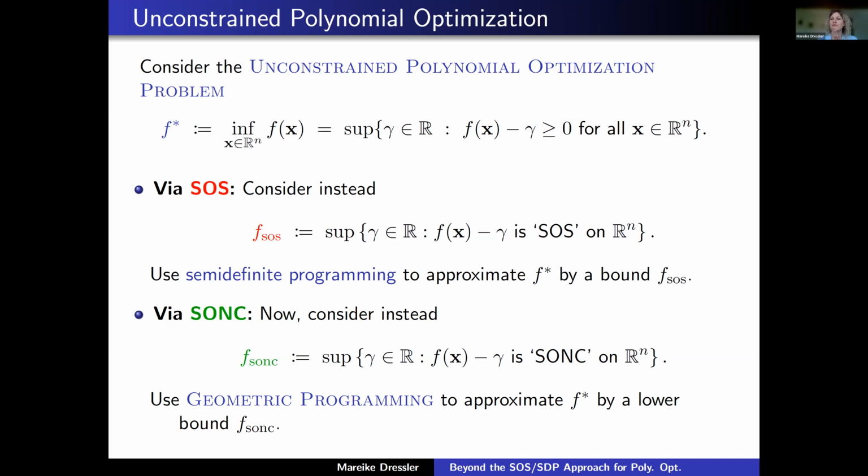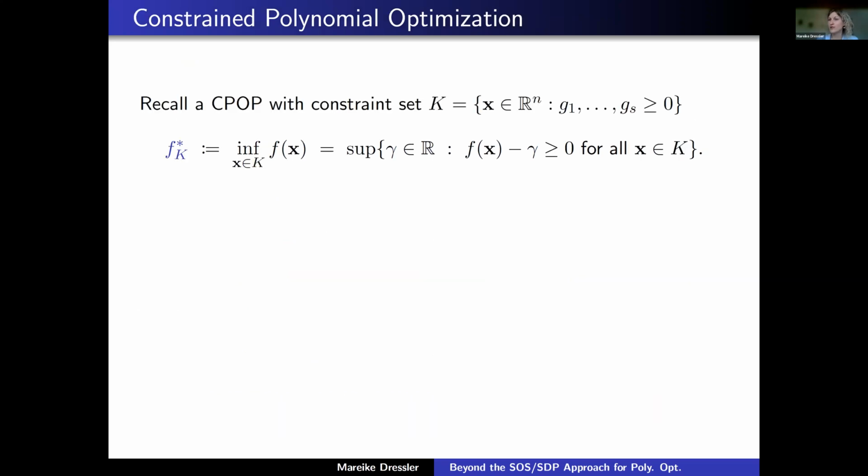So we now have this correspondence, I would say, for optimization purposes: SOS and SDP, so sums of squares and semidefinite programming, and sums of non-negative circuit polynomials and geometric programs in the unconstrained case. But what about if constraints enter the picture?